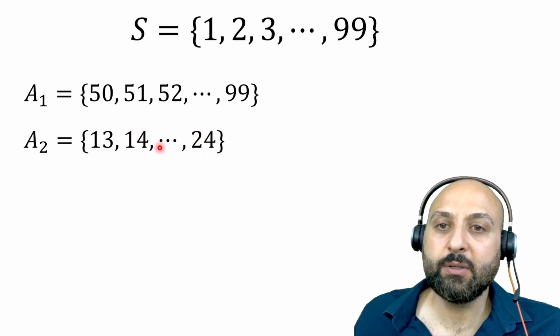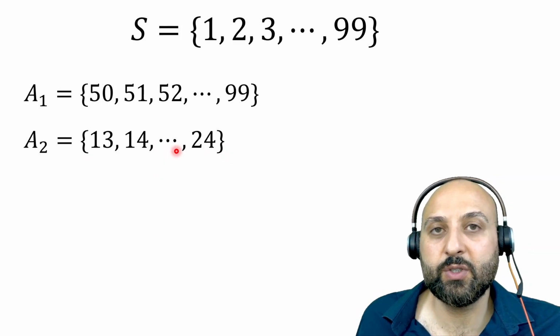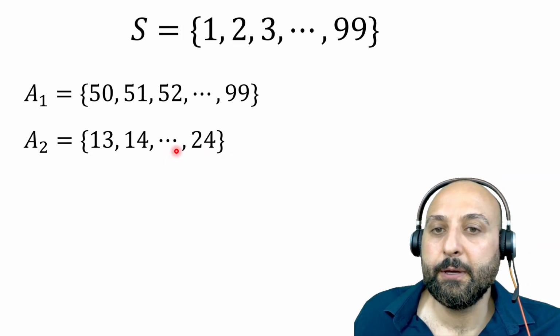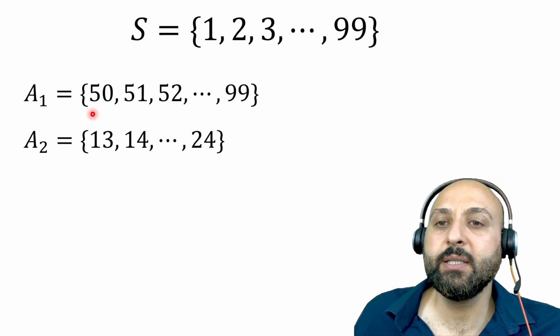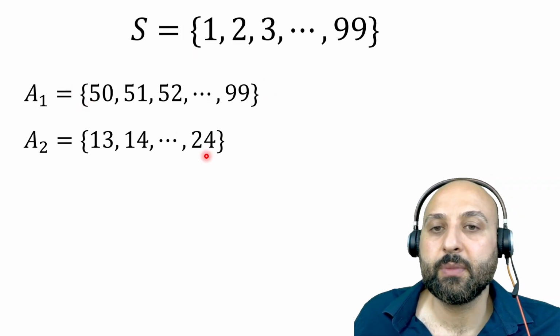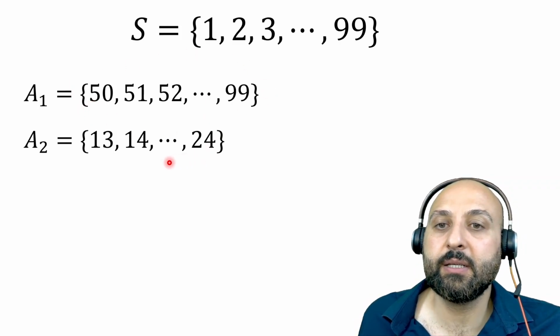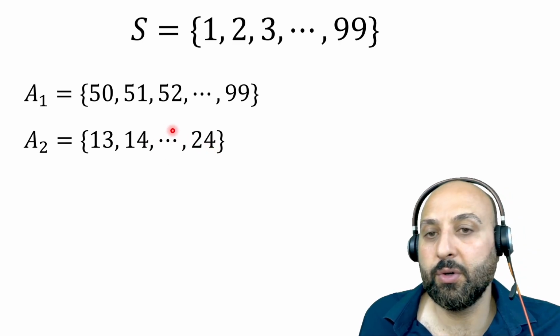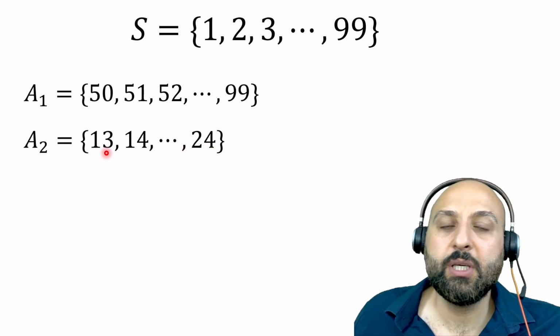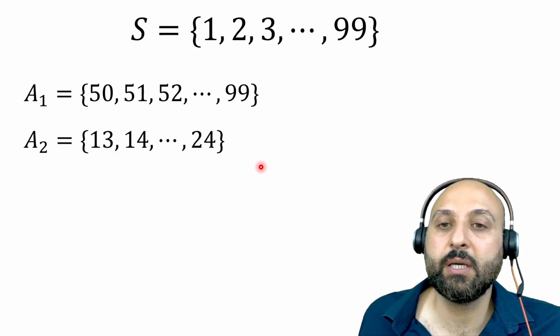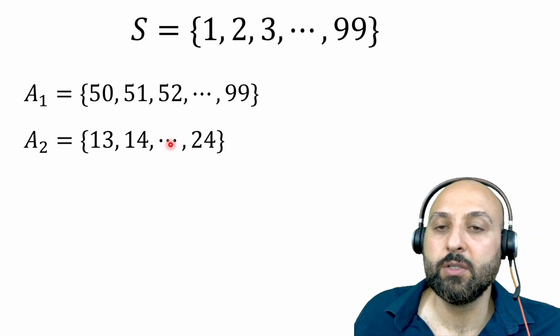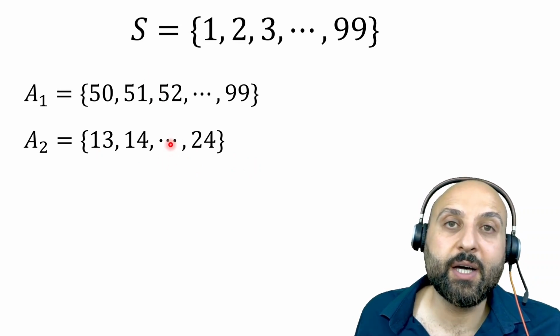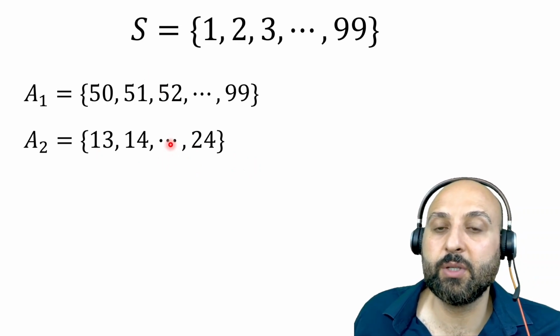These numbers can also be put into this subset that we are going to construct, because 2 times 24 is 48, which is less than any of these elements. And of course, we don't want to select elements whose double is 24 or a lesser number. So I put here from 13 to 24. Again, none of these elements are twice each other. So this is also good, and we have improved the size of the set that we want to create.